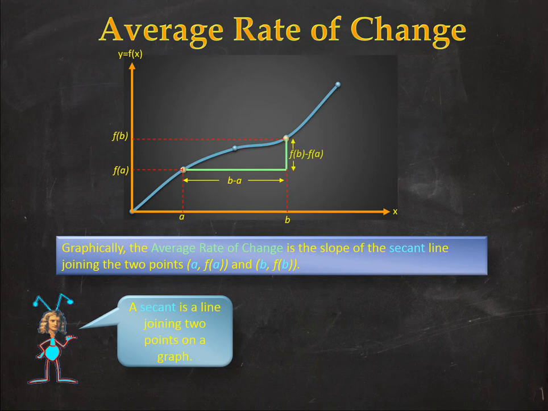So again, you're recognizing my average rate of change is f of b minus f of a over b minus a. And that line joining those 2 points, that line, because it goes through the 2 points, is called the secant line. So in other words, the average rate of change, which is delta y over delta x, or f of b minus f of a over b minus a, is also equal to the slope of that secant line.